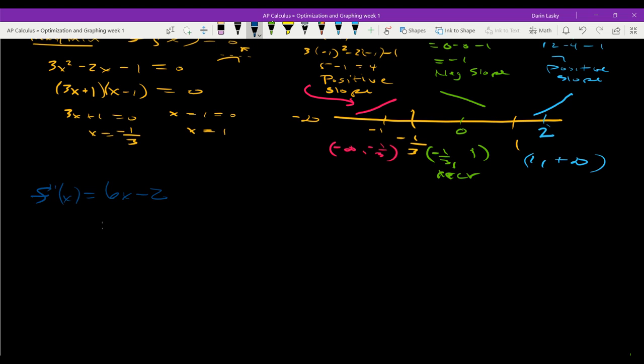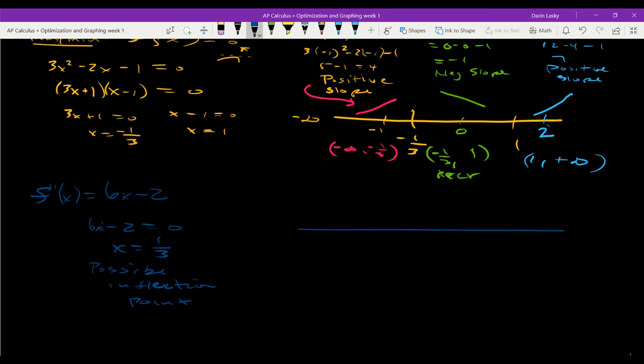So if I set this equal to 0, 6x minus 2 equals 0, I get x equals 1/3. So this is a possible, keyword, inflection point. Possible, only possible.